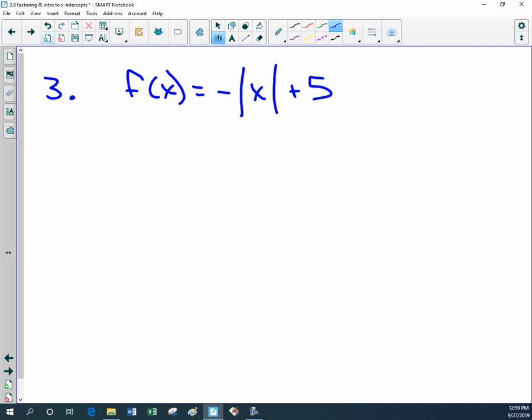If there's no number there, it would be 0. So the vertex would be at 0 what? 0, 5. And what is the value of a? -1. So that means this time our V is going to go which way? Our V is going to open down. Okay, pretty good.